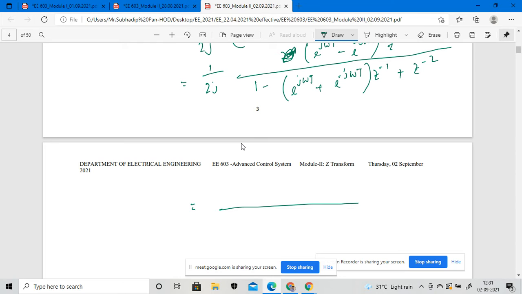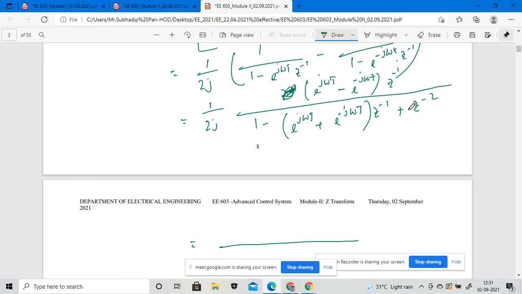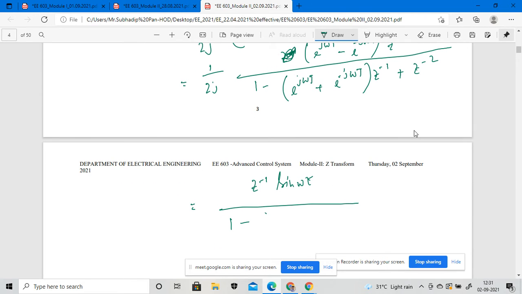If I simplify this equation again, then the z transform of sine of omega t will be sine of omega t into z inverse, divided by 1 minus 2 z inverse cos of omega t plus z to the power minus 2.